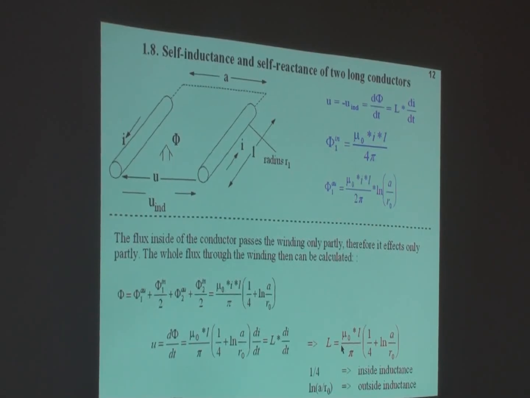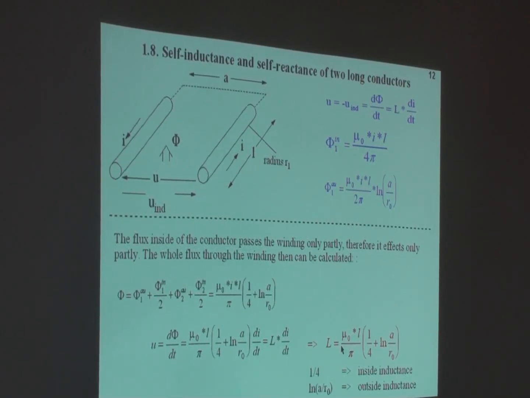So this flux goes not through the whole winding, only through the half winding, and not the whole winding. It's only an approximation method that students learn, but this formula is correct.